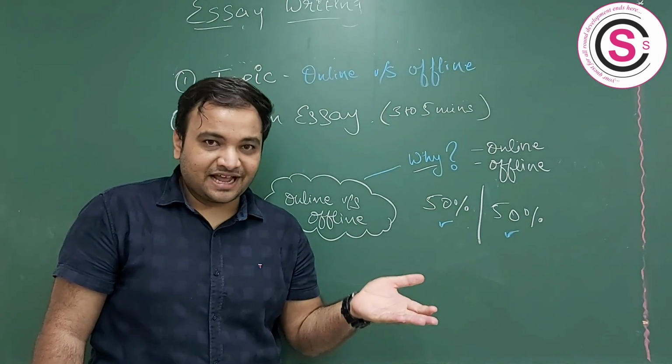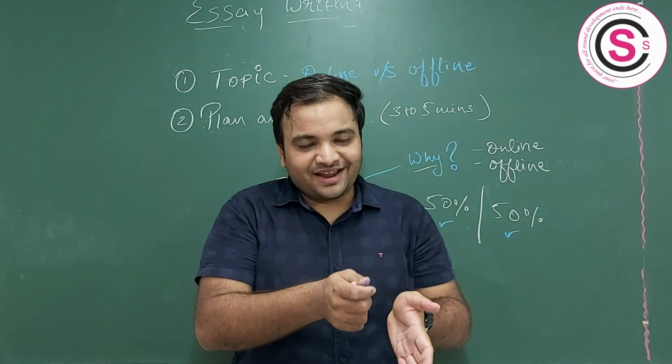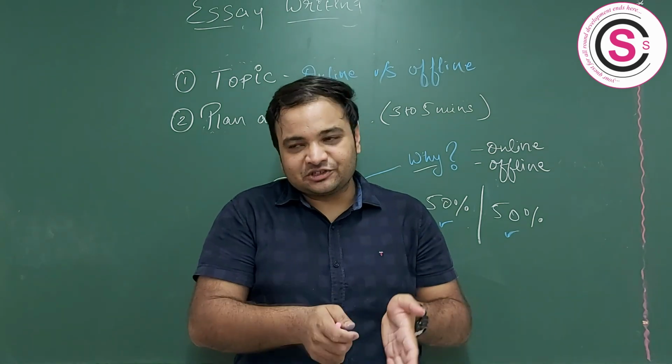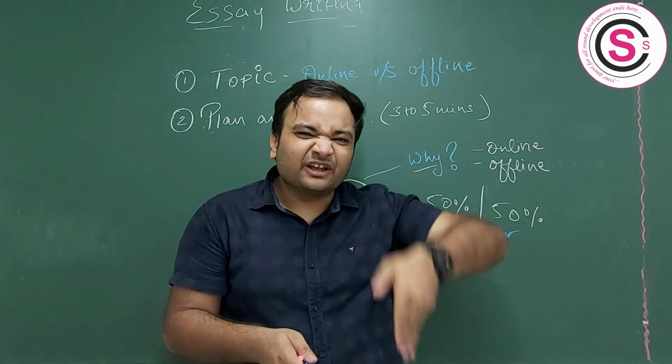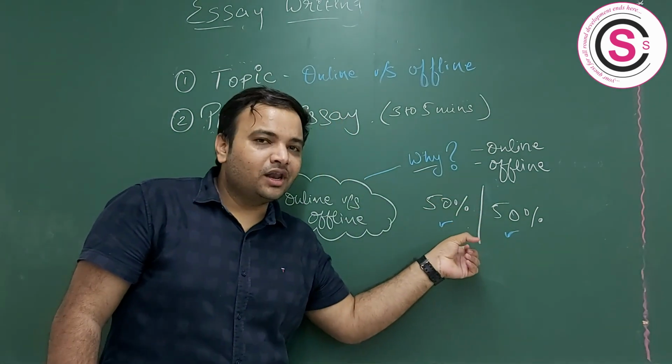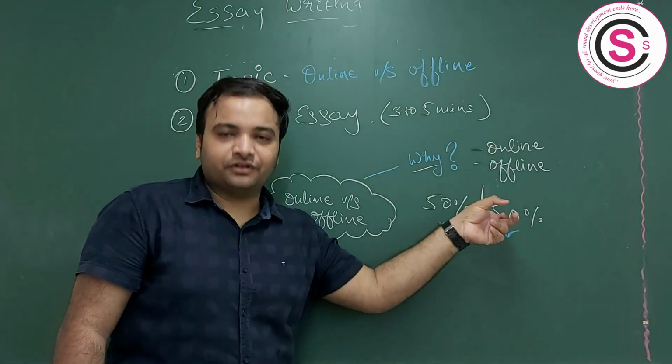You can also do this. I call it sitting on a wall, right? You're sitting on a wall in such a way that you are not going to fall on this side or this side. You're just sitting on the wall.